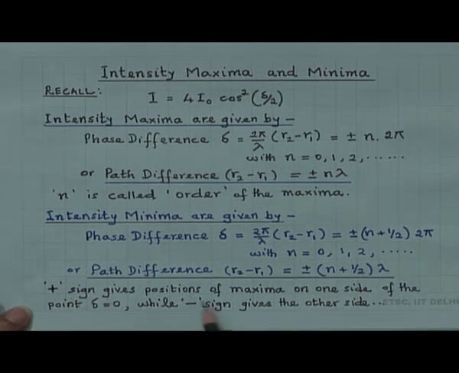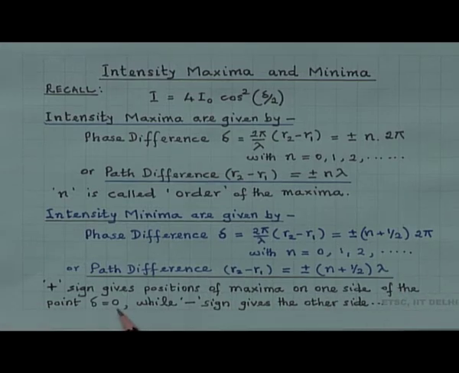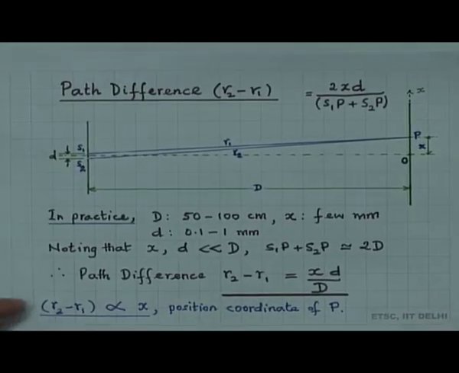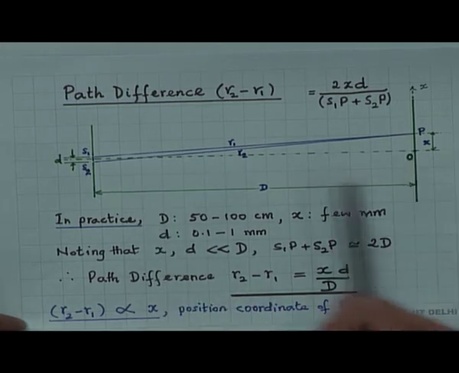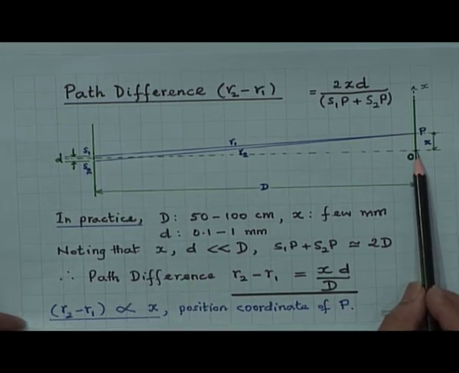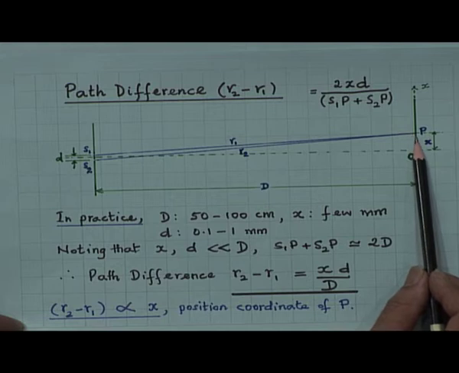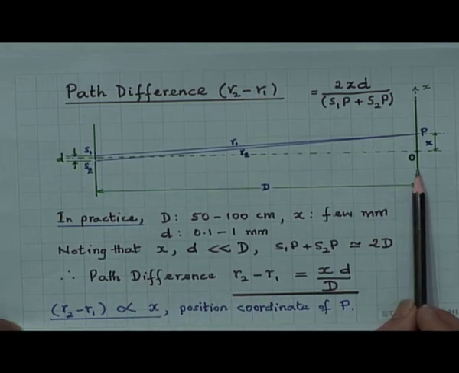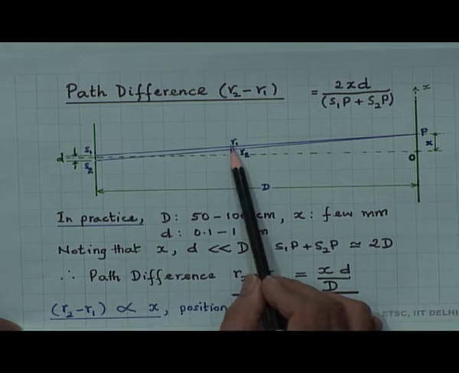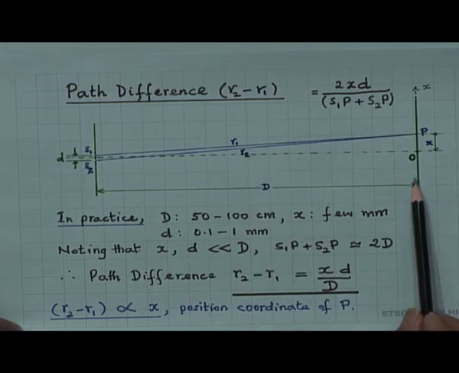The plus sign gives position of maxima on one side of the point delta is equal to 0. So, let me keep the diagram here. At the point O, R 1 will be equal to R 2 and therefore, delta is equal to 0, path difference is equal to 0. On one side the path difference is positive and on the other side the path difference is negative, because when R 2 for a point P here, R 2 will be smaller than R 1 and therefore, path difference is negative.